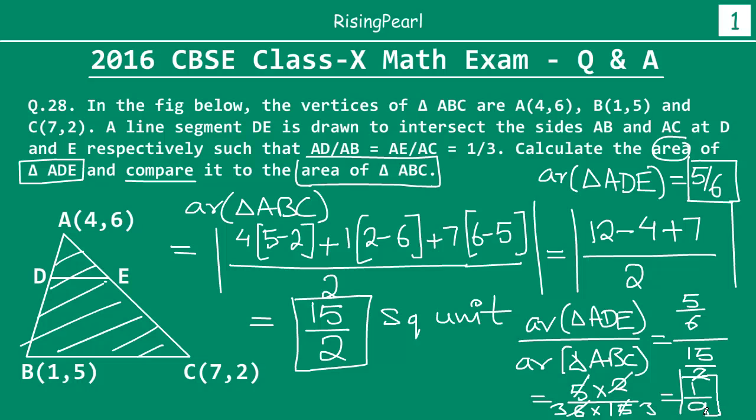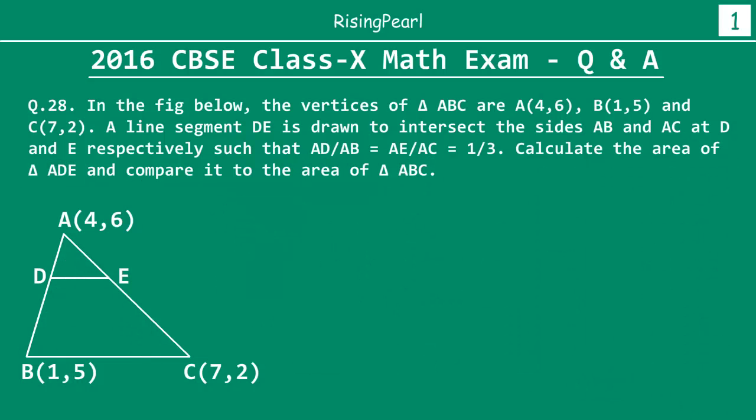I wanted to also highlight one other thing as far as the relative areas, the ratio, is concerned. Very quickly, if you were to think about this in terms of similar triangles, what is given is that AD by AB is the same as AE by AC, and this ratio is 1 by 3.